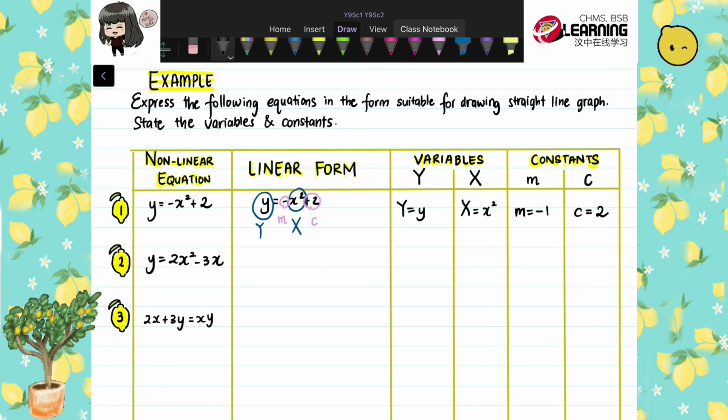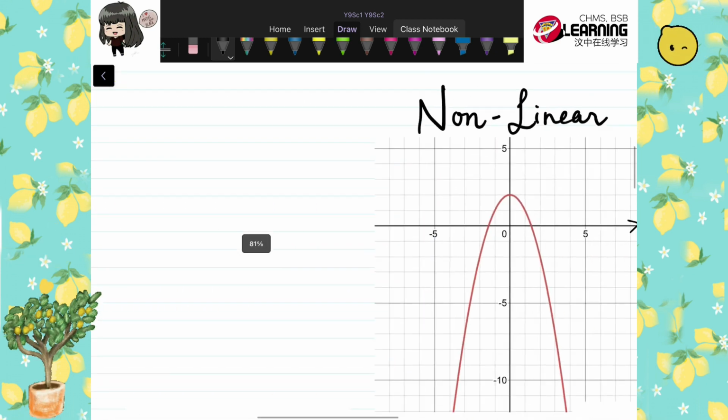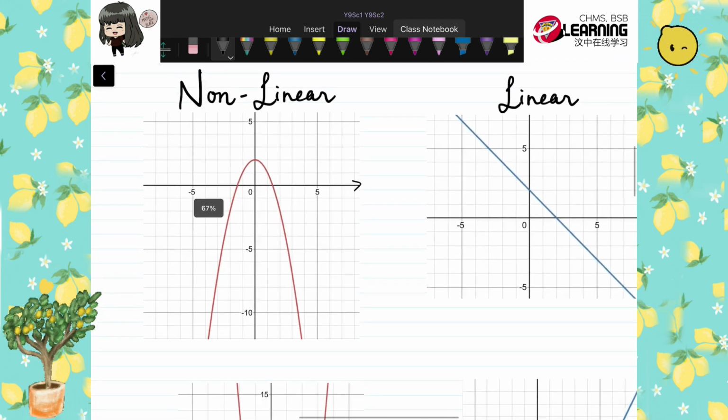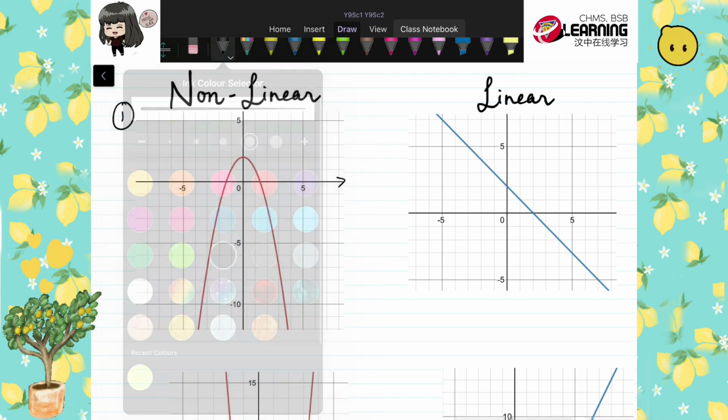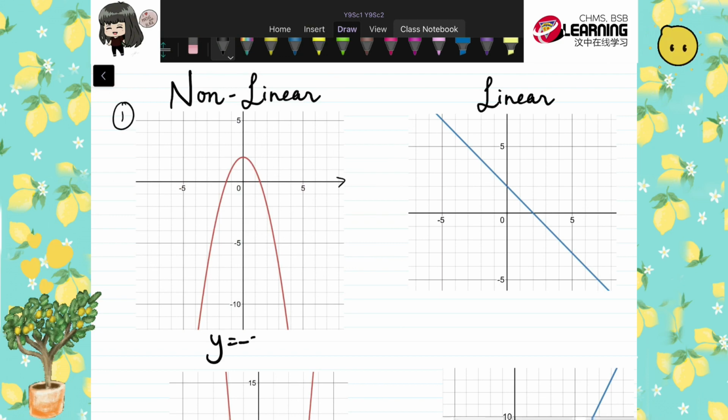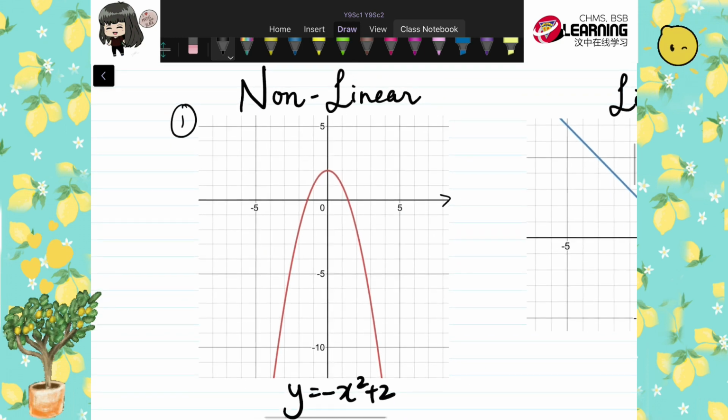Okay, I'll explain to you through graph. Maybe you will understand it more. Okay, so these are the graphs from question 1 here. Question 1 just now was y equals to negative x squared plus 2, right? The graph will look like this if this is y against x.